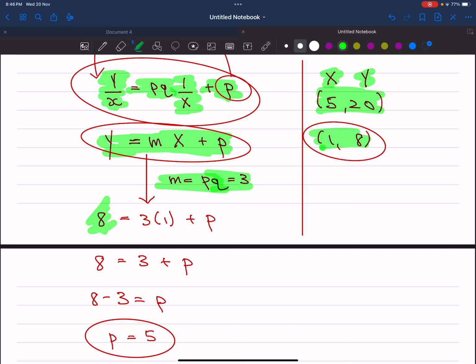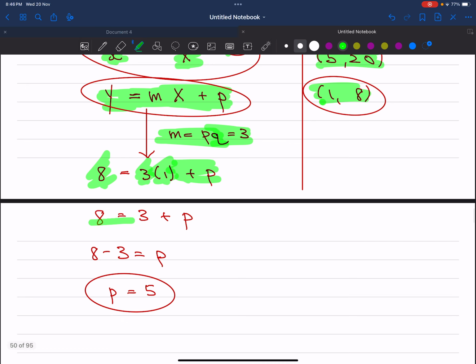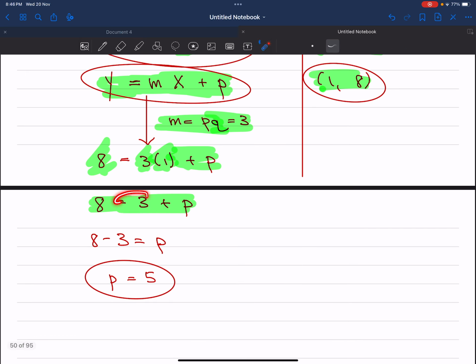And the gradient M, which was the same as pq, is 3. I substitute the 3. When capital Y is 8, the capital X is 1. So X I substitute with 1. And then of course, plus p, I just copy back. So we have 8 equals 3 plus p. I transfer the 3, 8 minus 3 equals p. Therefore, our p is 5.